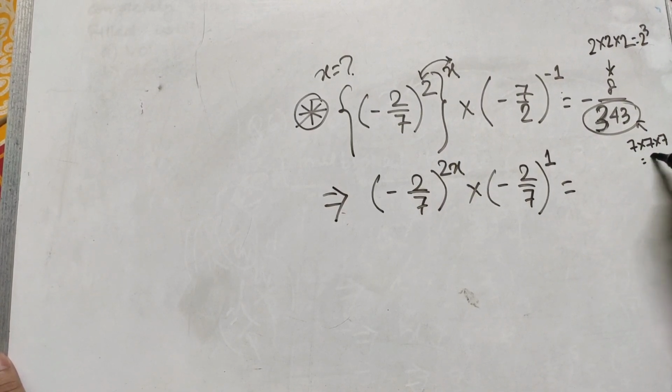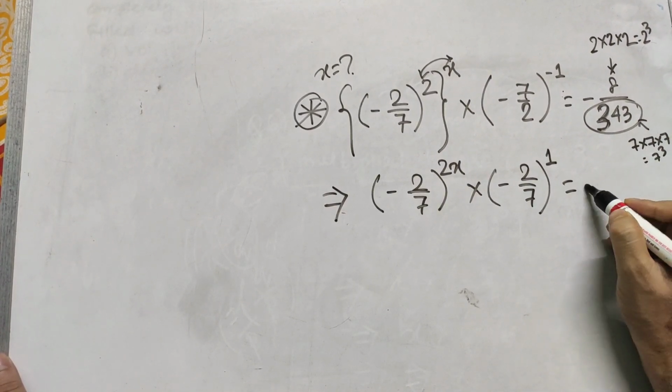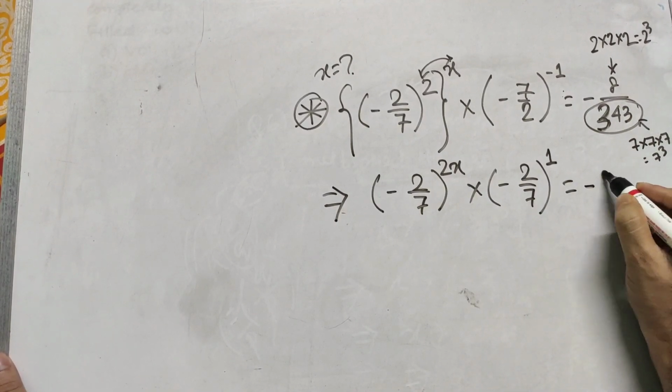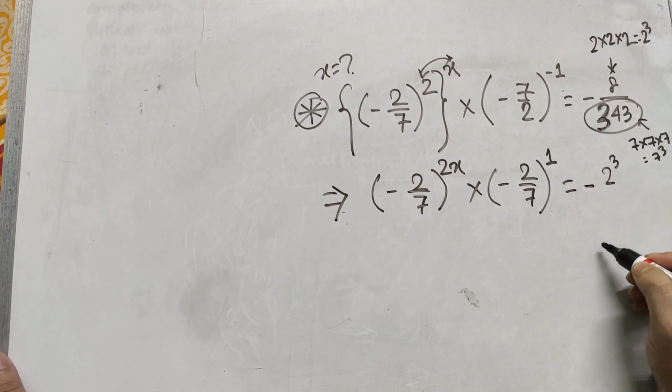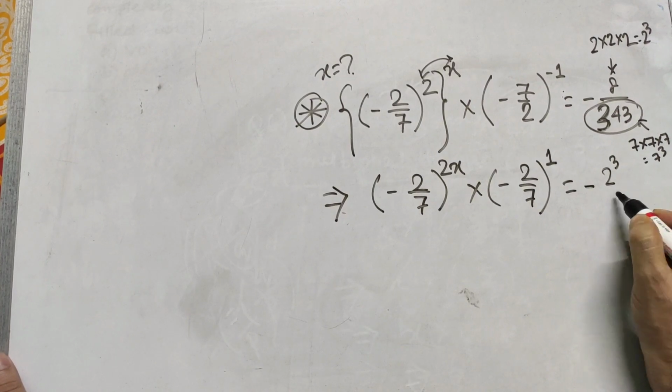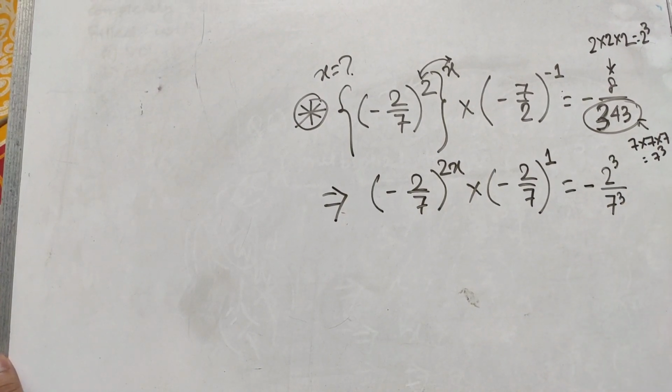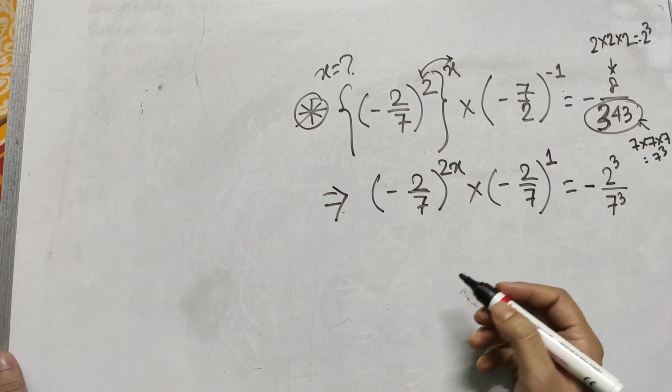That means we have 7's cube. So minus 8 can be written as 2's cube and 343 can be written as 7's cube. Okay, so let's do this.